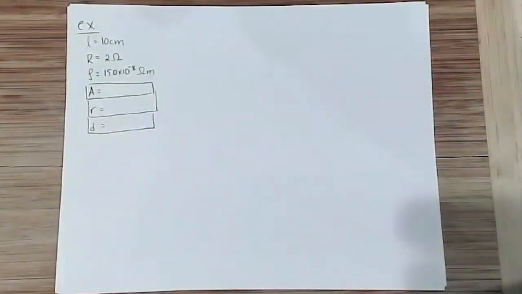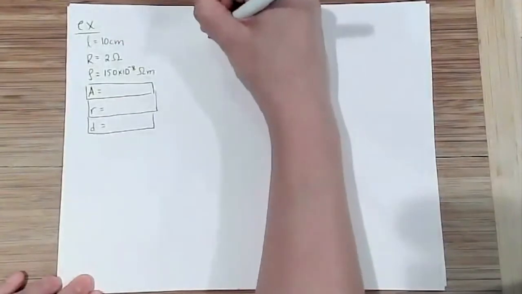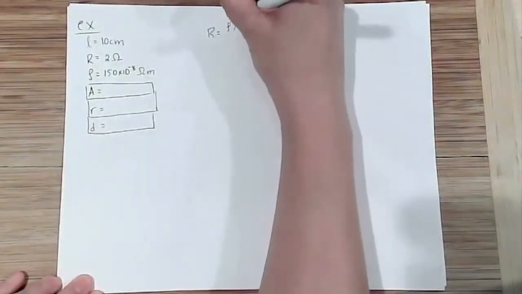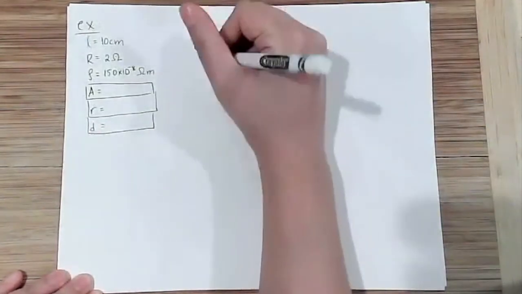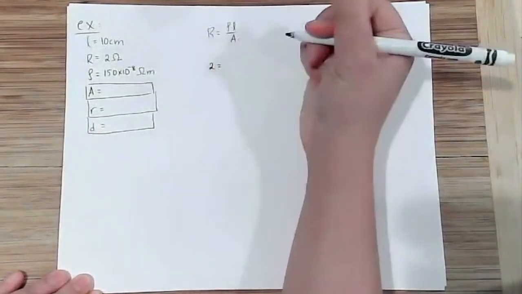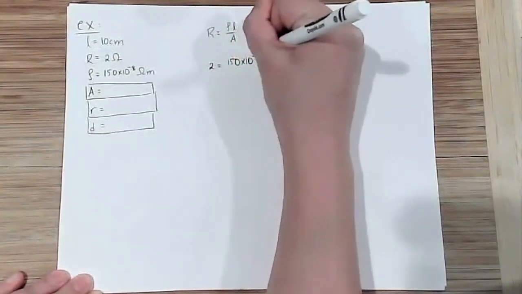So let us do this. Step 1, I got my knowns and unknowns. My column is filled out. Step 2, let's write down our resistance equation, R = rho L over A. I know R, the resistance, is 2. I know rho is 150 times 10 to the negative 8th.